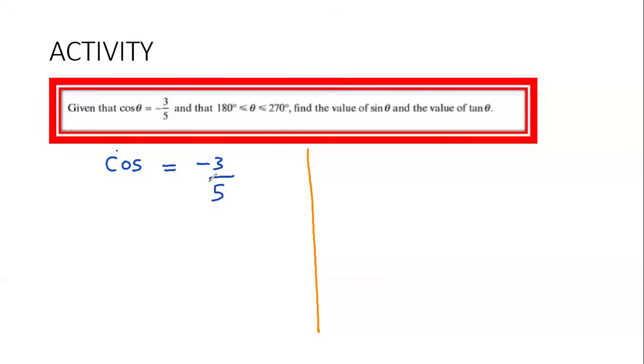Always you need to know that they have told us the angle is between 180 and 270. That's why I'm telling you, you need to understand that this is 0, this is 90, this is 180, this is 270. It means that when you are coming up with your sketch, you need to have it in the right way. So your sketch will look like this.